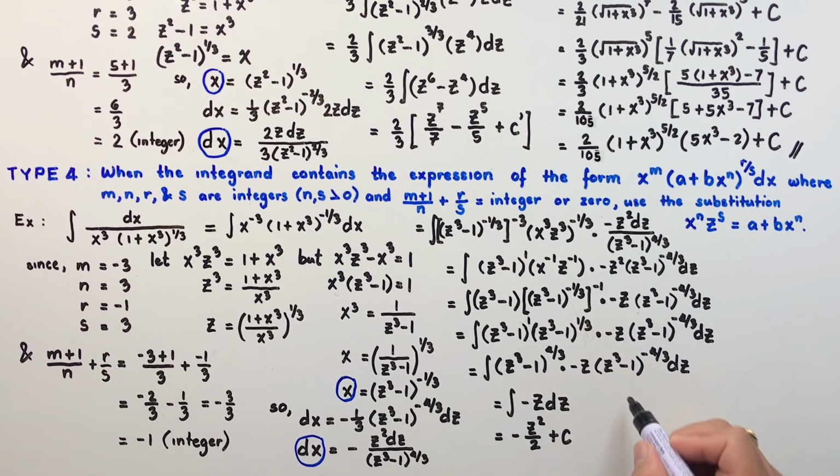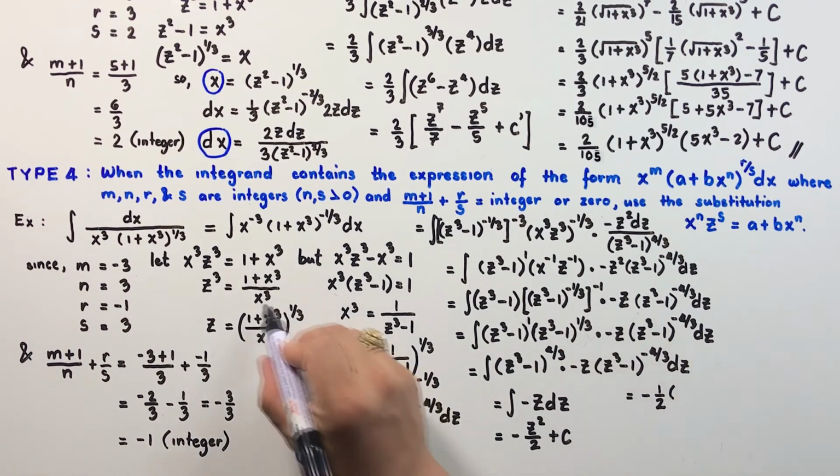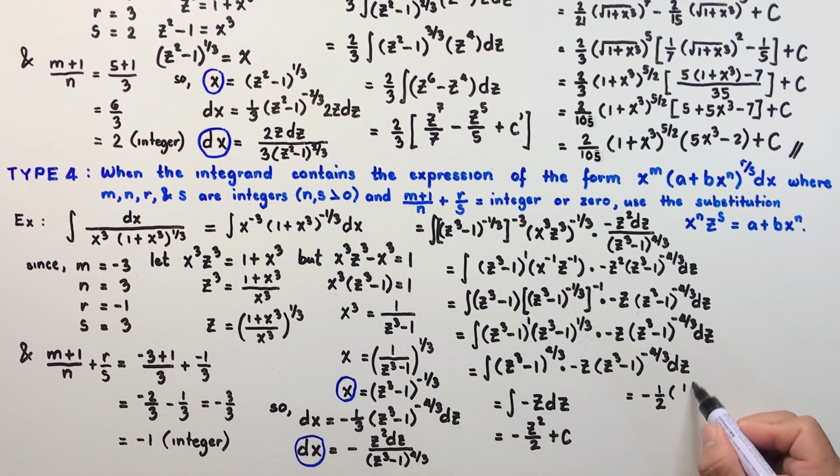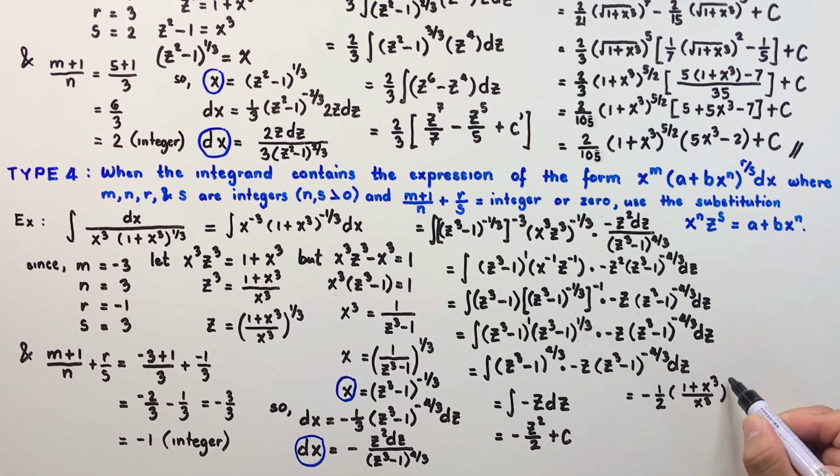Then substituting back our value of z, which is this one here, we have 1 plus x cubed over x cubed, which is raised to the exponent of 1/3, but this should be raised to the exponent of 2 here.